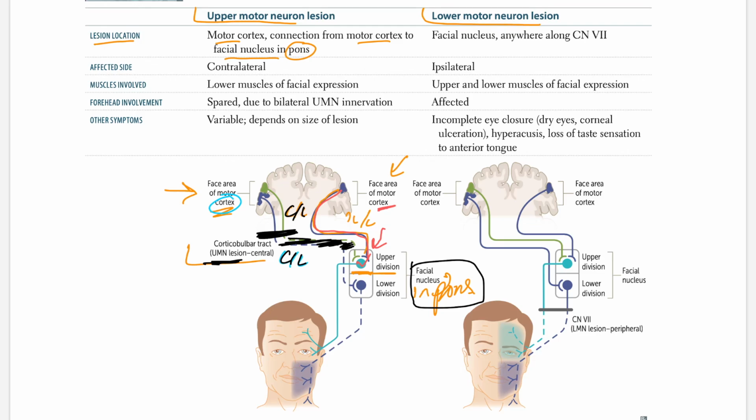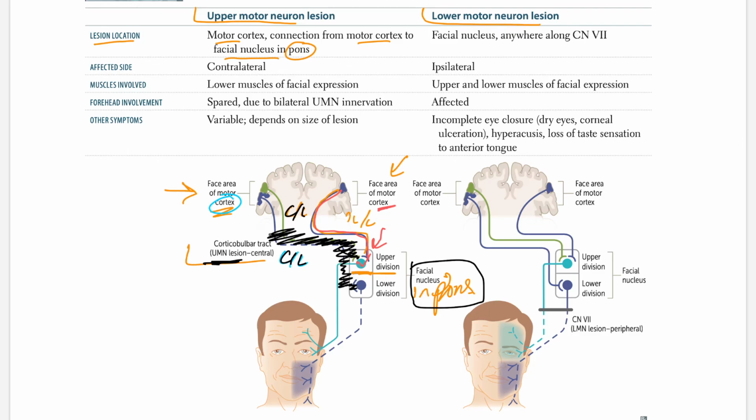With a lower motor neuron lesion, you were damaging all of this and this, right?